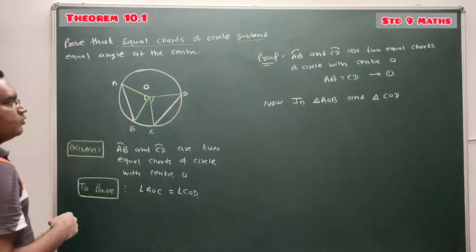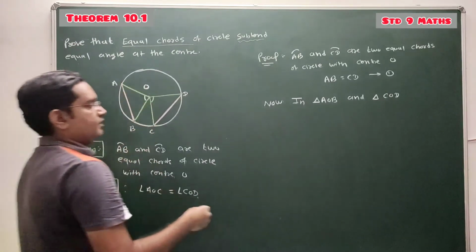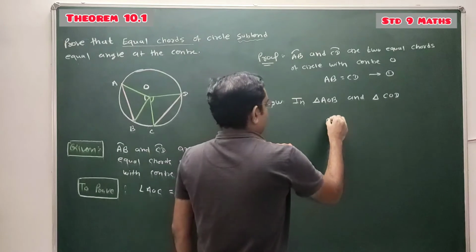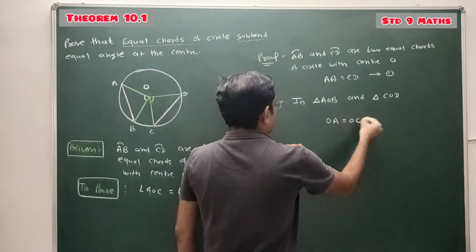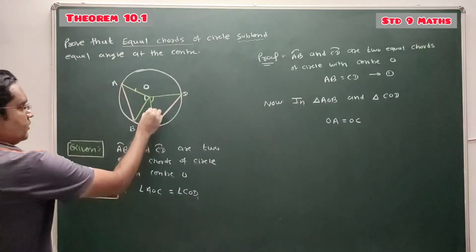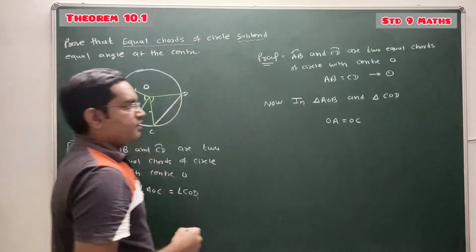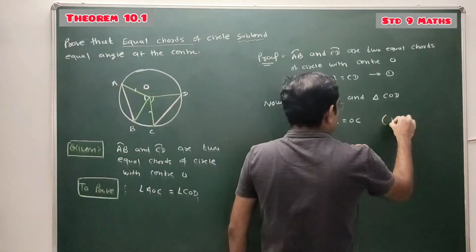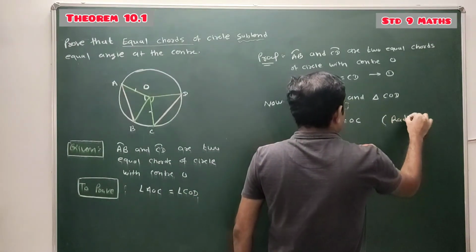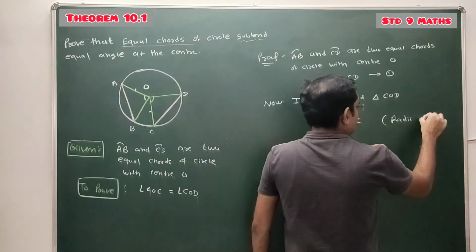So these two triangles are congruent. Why? Because OA is equal to OC. What is OA? OA is the radius of the circle. What is OC? Also a radius of the circle. So radii of the same circle are equal. What is radii? It's the plural word used for radius. So these are the radii of the circle.